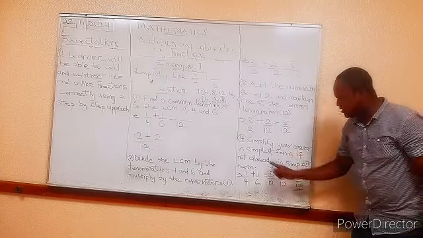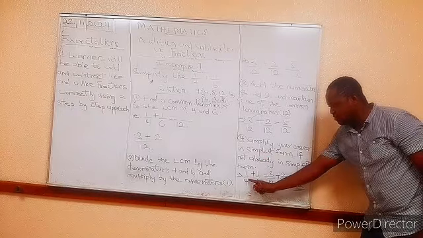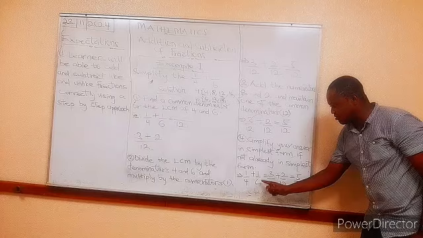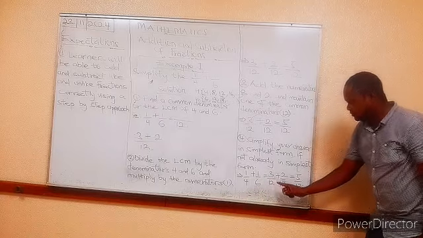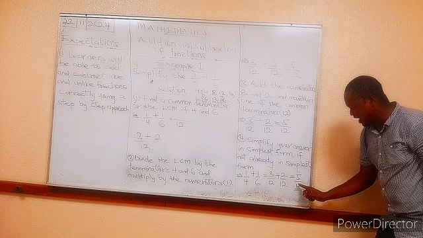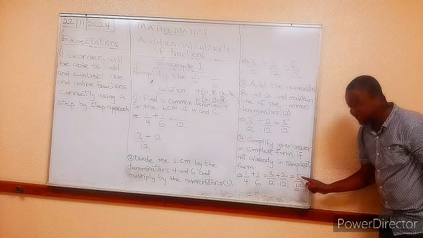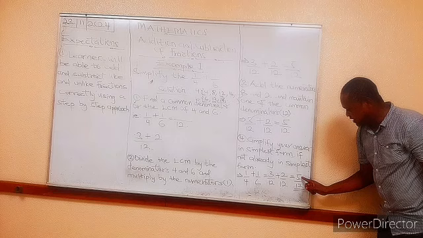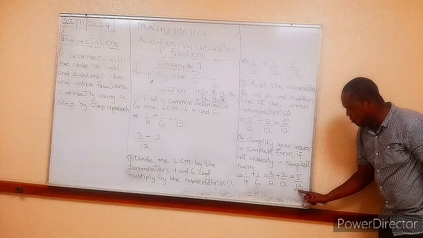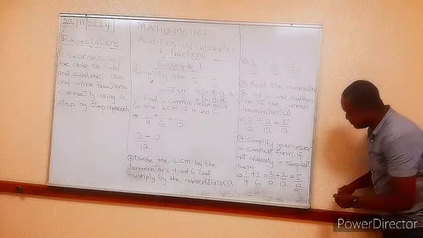So we come down and then we now rewrite the whole fraction. 1 over 4 plus 1 over 6 equals 3 over 12 plus 2 over 12, which is 5 over 12, because 3 plus 2, the numerators, have been added, it's 5. Then we maintain one of the common denominators, which is 12. So we have 5 over 12.